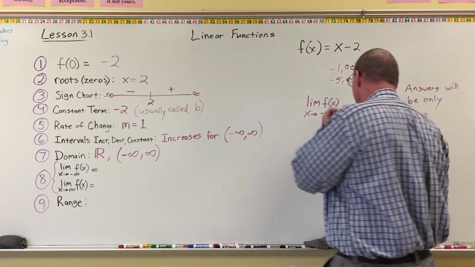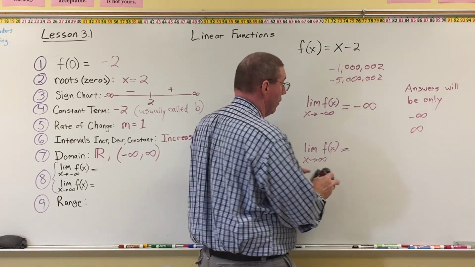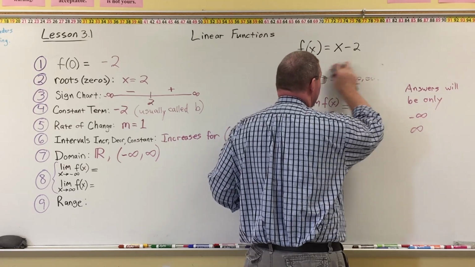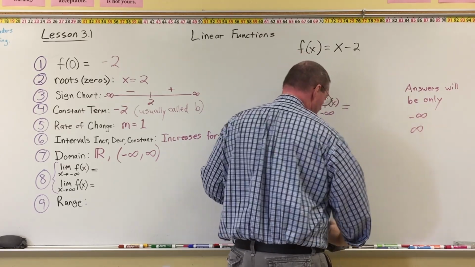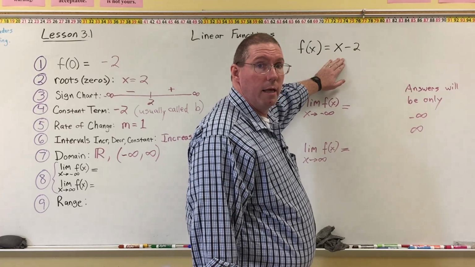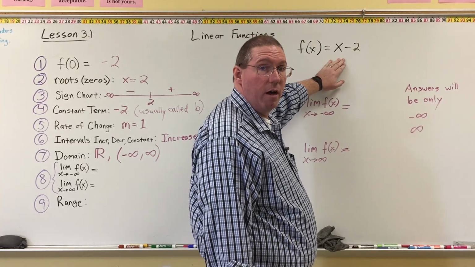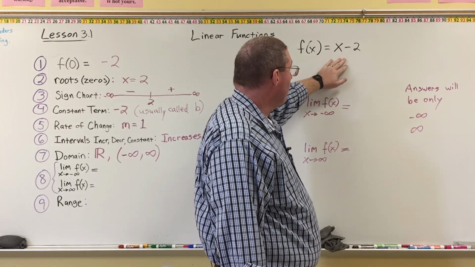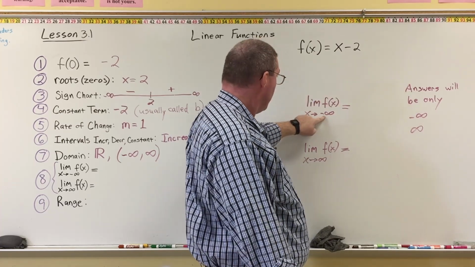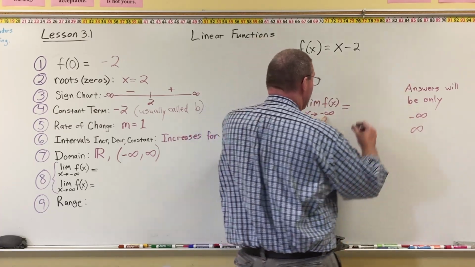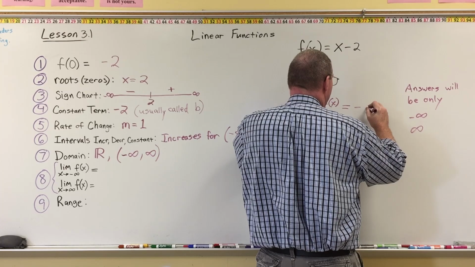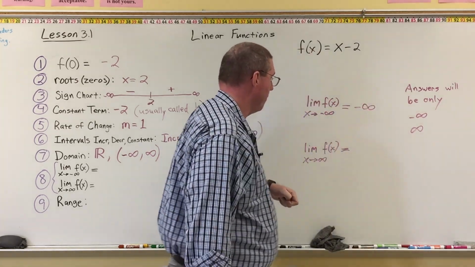And here's a really easy way to do this for linear functions, because I want to give you an easy way to answer the question, okay? Put in negative 1 million. If your answer is negative, okay, then the answer here is negative infinity.